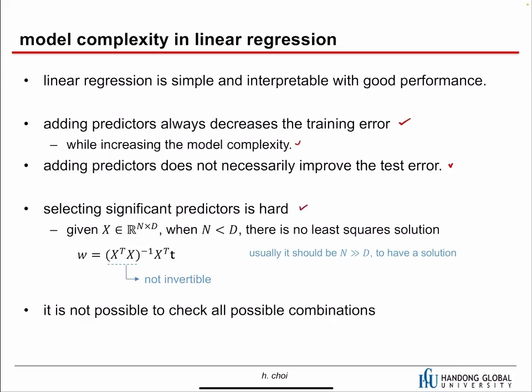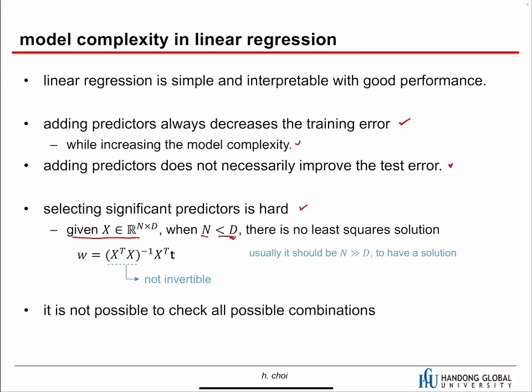Okay, and selecting significant predictors is hard. When we have a lot of features and predictors, which ones are important and significant to predict the output? It's not easy to select the significant predictors. So given x, when n is smaller than d, then there are no least squares solutions. We need more samples.